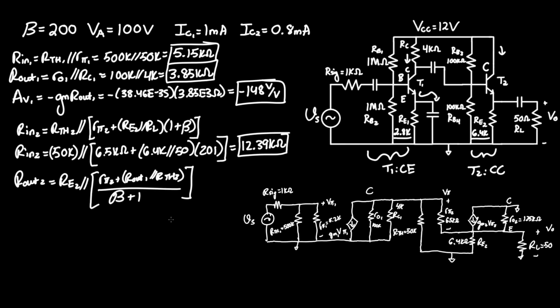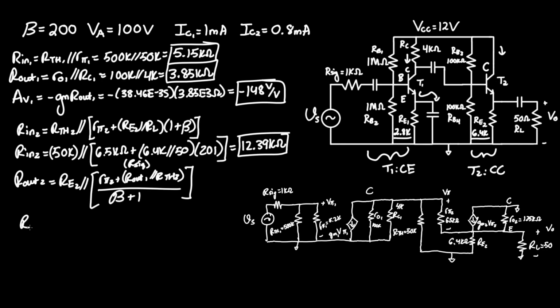Rather than our previous common collector video where we used R-signal instead of R-out, we have to understand that since there's an amplifier prior to this common collector amplifier, the common emitter, we must account for the output resistance of the entire circuit and treat that as R-sig rather than R-sig being immediately connected to the base of BJT T2. So I'll just note that here, this used to be R-sig if it were for a single transistor amplifier. It should make a little more sense when we make our second multi-stage equivalent model.